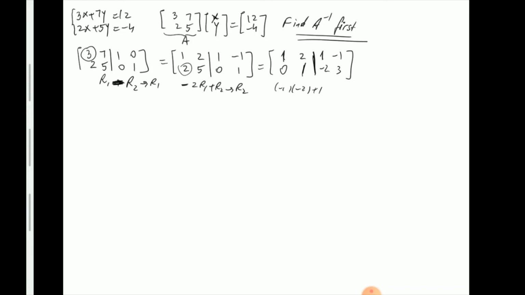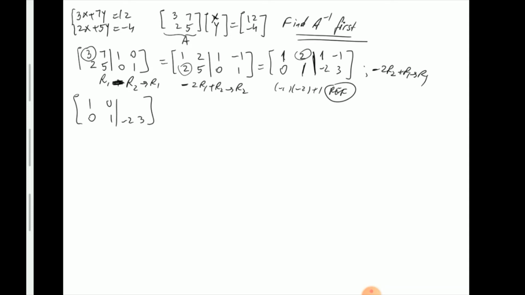The only thing left to do is, because now we are in the REF form, to produce the reduced row echelon form. So I need to produce 0 above the second leading 1. To do that, we're going to do minus 2 row 2 plus row 1 and replace row 1. Copy the bottom row.